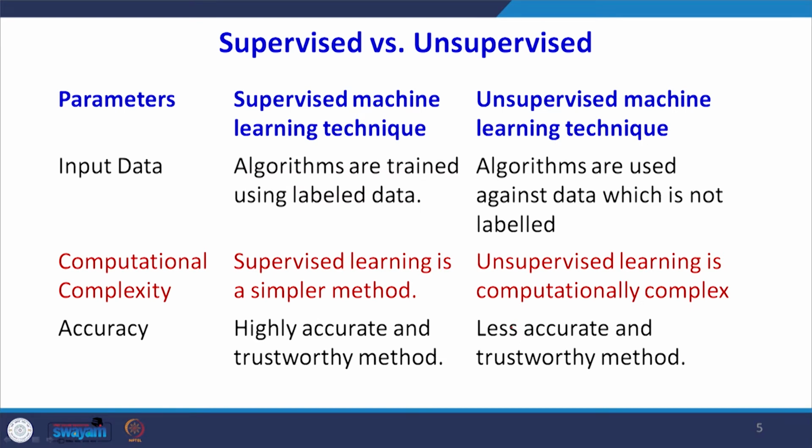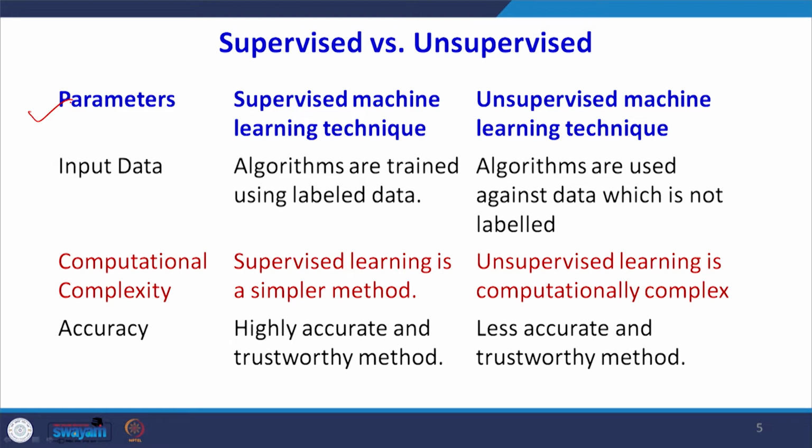More broadly, if we look at supervised versus unsupervised techniques, as far as the parameters are concerned, the supervised machine learning technique requires input data, and the algorithms are trained using that labeled data. Algorithms in the unsupervised method are used against data which has not been labeled, which has not been designated into different classes.